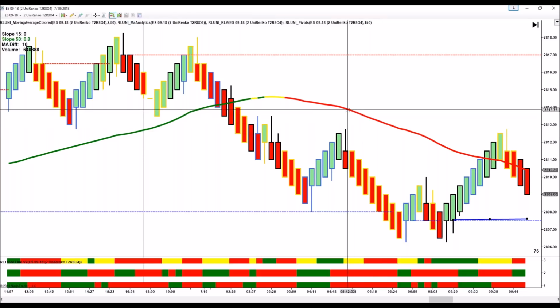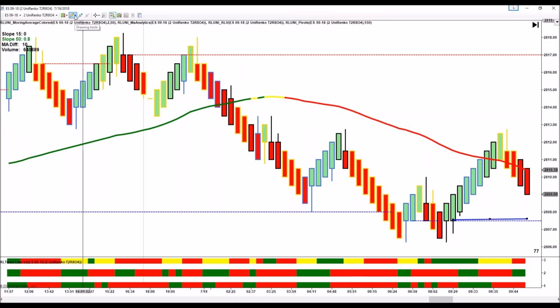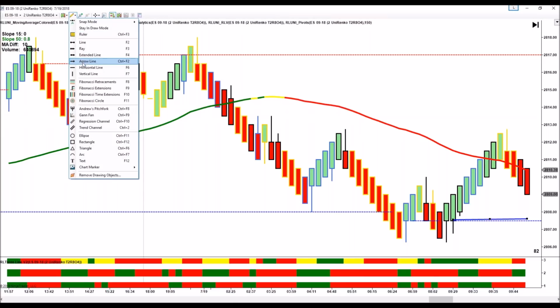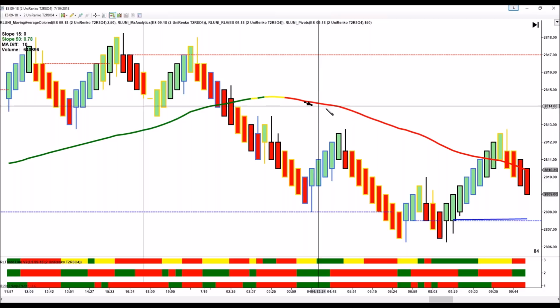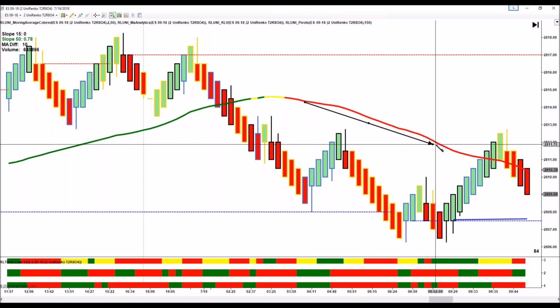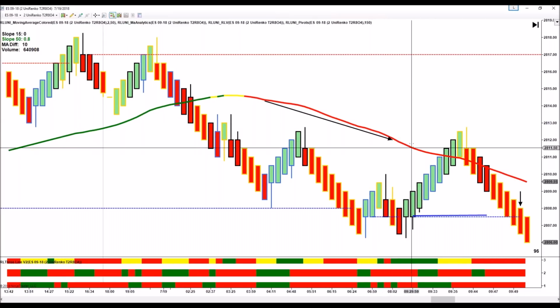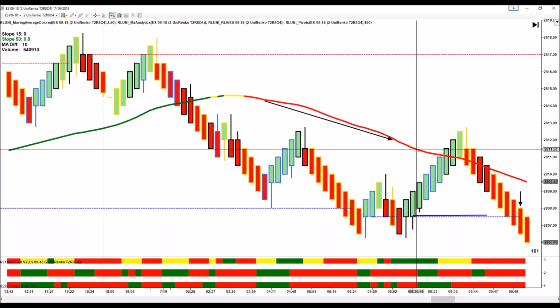The 50 never loses its power because it's always changing. Remember, this is the average close for the last 50 candles. And the reason it doesn't lose its power as support and resistance is because it's a changing dependent variable.